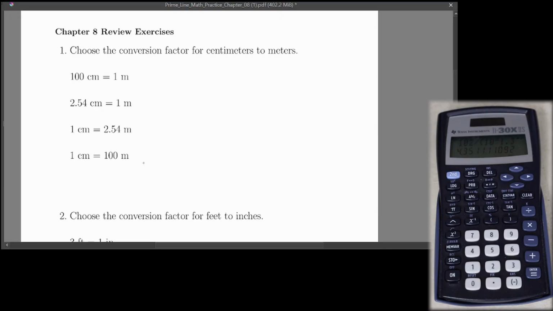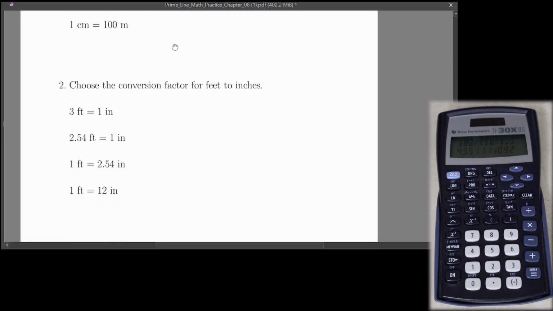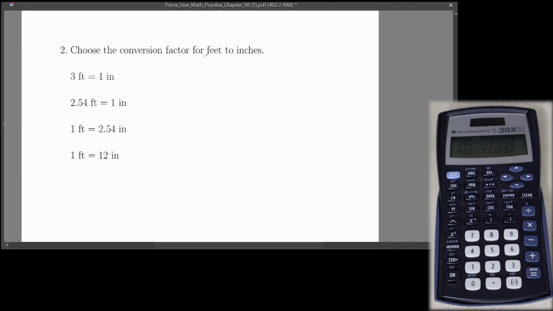A lot of these problems in here, you'll want to have a resource table or lookup table printed out for us. So we want to go from centimeters to meters. We realize there's 100 centimeters in 1 meter. For feet to inches, 1 foot is 12 inches.